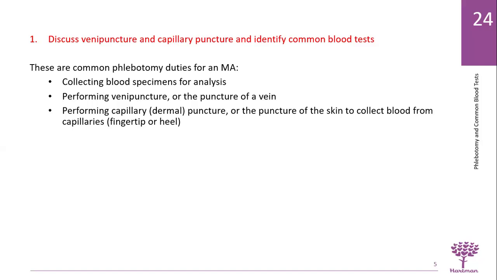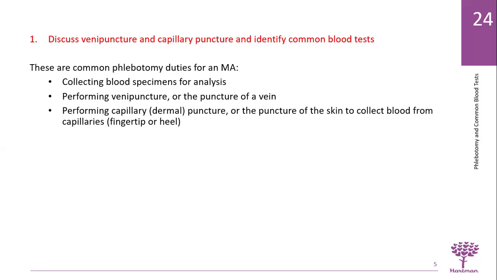So some of the common duties that you'll see with a medical assistant or a phlebotomist initially in terms of blood draws: collecting blood specimens for analysis as a part of your job, performing venipunctures or the puncture of a vein, and performing capillary puncture or the puncture of the skin to collect blood from capillaries, fingertip or heel.